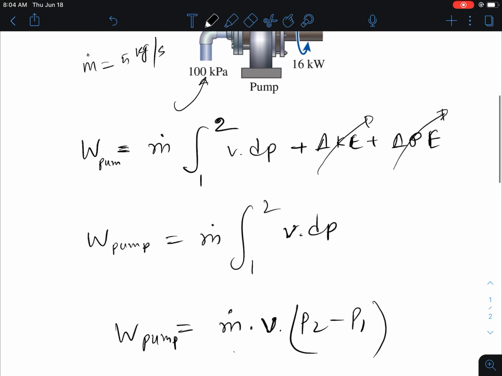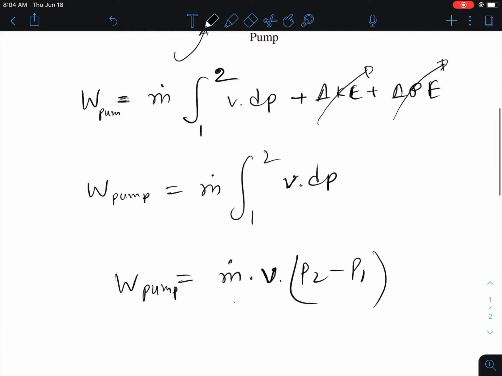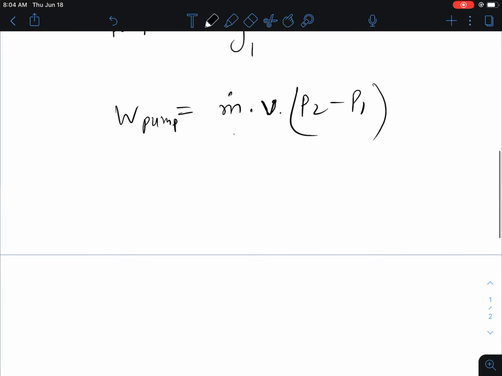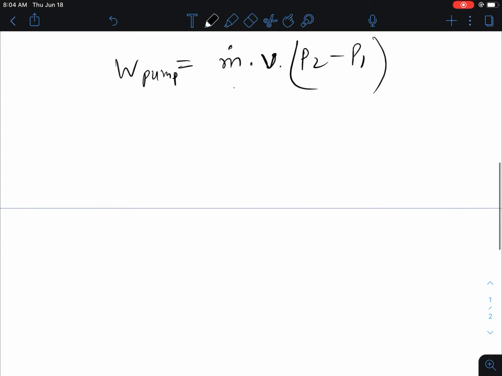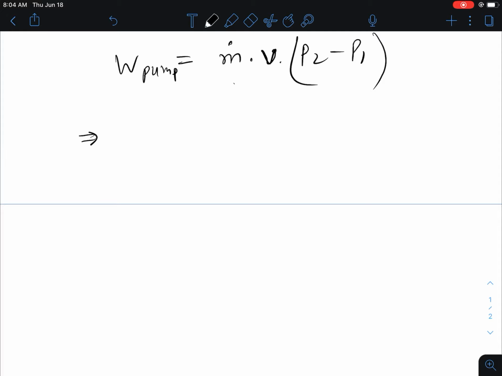So the rated power of the pump is 16 kilowatt. If we want to express it in joules, right now it's in kilowatt, right? So the pump input is 16 kilowatt.